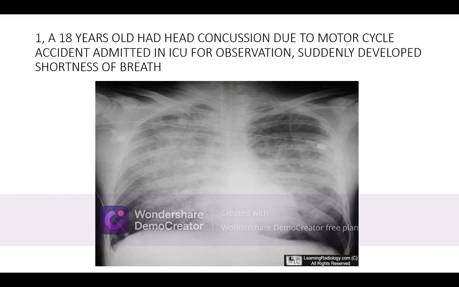decubitus, and the other parameters of this X-ray were fulfilled. You see the trachea here, then the skeleton, the soft tissues, all are seen clearly, normal here.